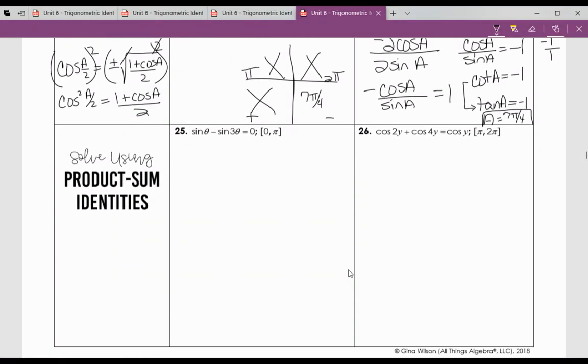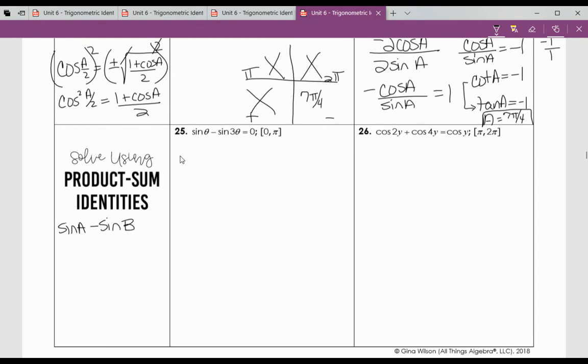Now, the last two problems use the product to sum identities. So please make sure you have the product to sum identities handy. What we're going to do is, this is a difference, sine minus sine. So we're going to grab the sine A minus sine B sum to product formula.